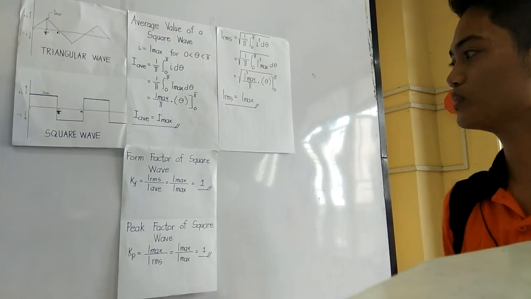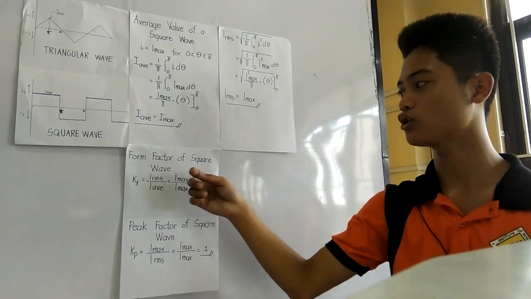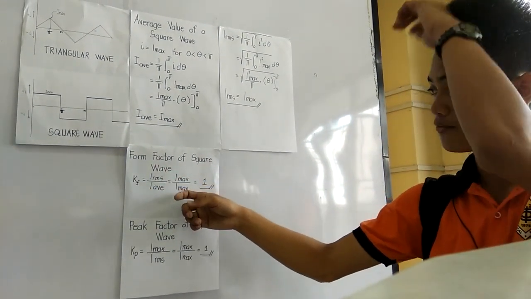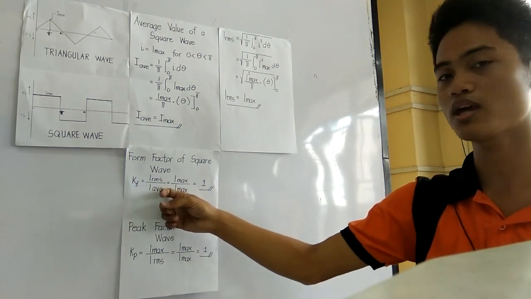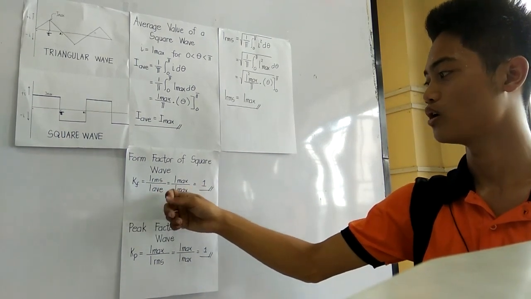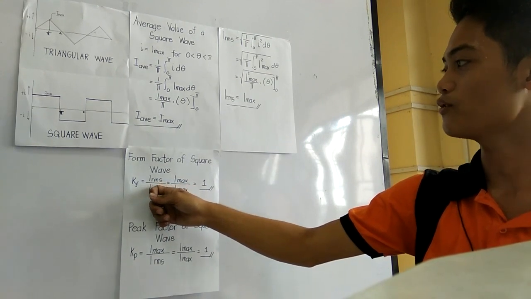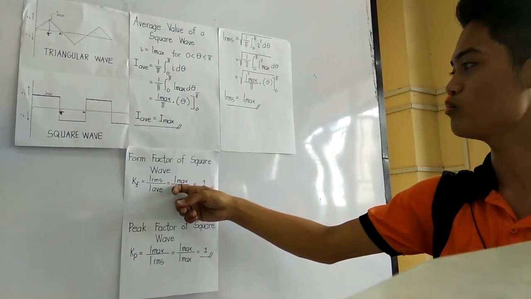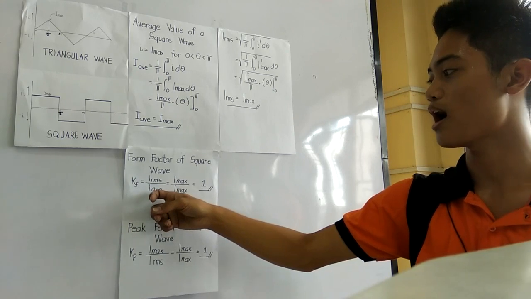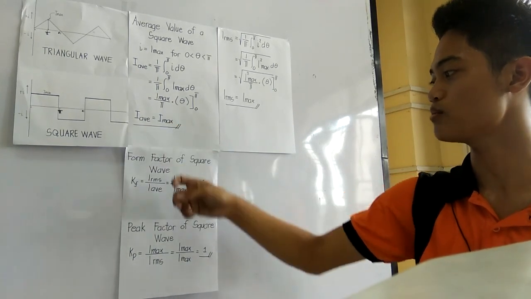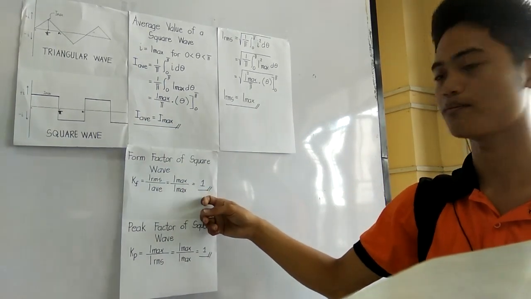Now, in finding the form factor of a square wave, it is given in the ratio of I RMS over the average value, where our value for the I RMS is equal to I maximum over the value of our average value, which is I maximum, cancel, making it 1.